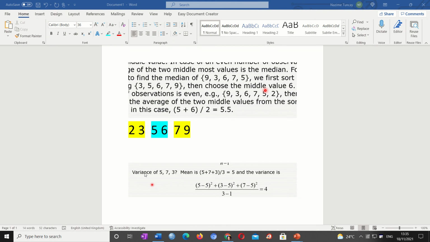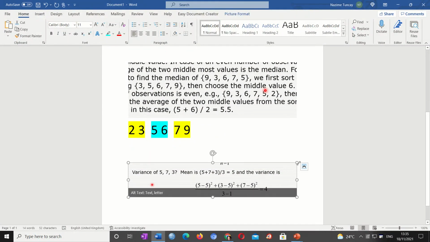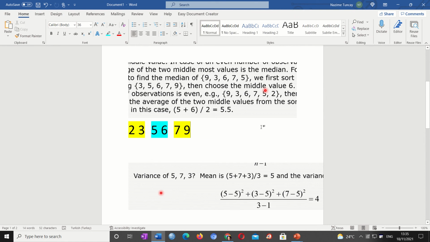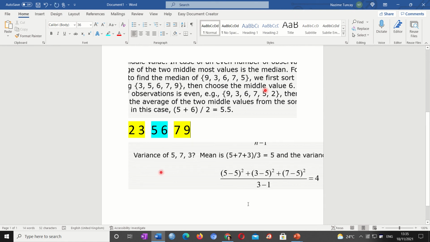We are going to find the variance of these numbers, 5, 7, and 3. When I have a sequence of numbers and I want to find variance, I have to find the mean first. I add all of them and divide by 3 because I have 3 numbers, and I find that mean is 5.